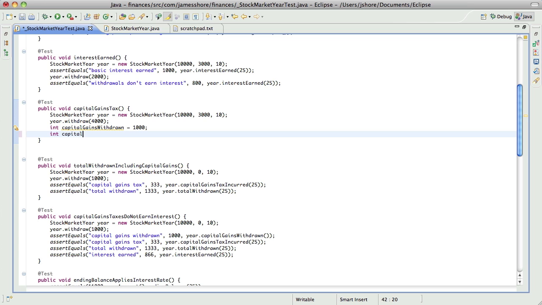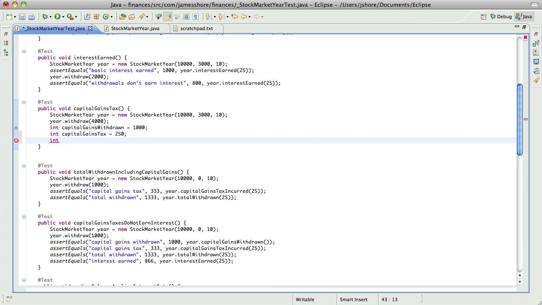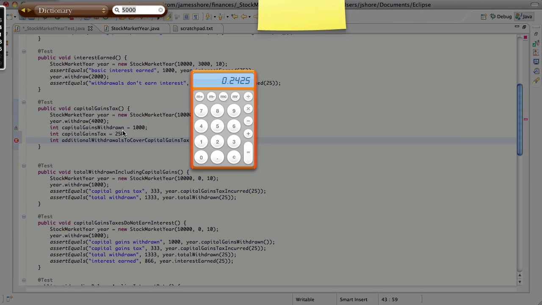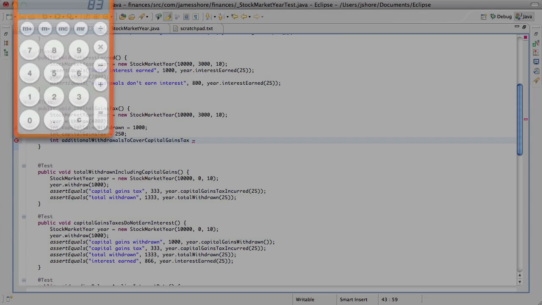So capital gains tax is going to equal 1,000 times 0.25. Let's just say that's 250. And then additional withdrawals to cover capital gains tax is going to be whatever the rest of that is using that formula. So we're looking at 1,000 divided by 0.75. So 333 minus 250, or 83.